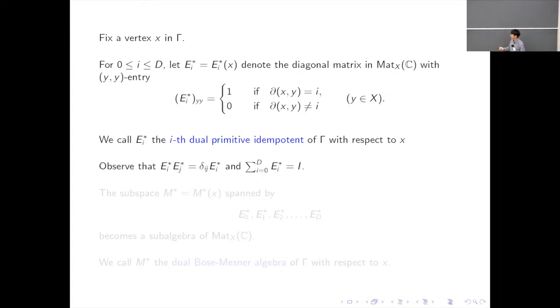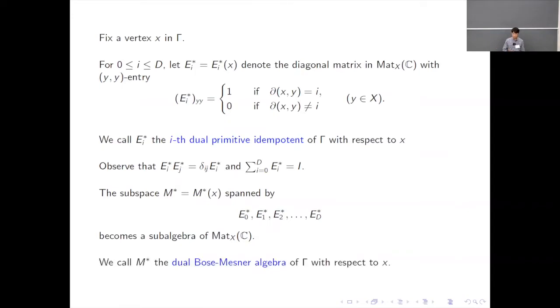One can find that Ei star Ej star is delta ij Ei star, and the sum of Ei star is the identity matrix. So using this, we think of the subspace spanned by these dual primitive idempotents, M star, which is a subalgebra. We call this the dual Bose-Mesner algebra with respect to our fixed vertex x.